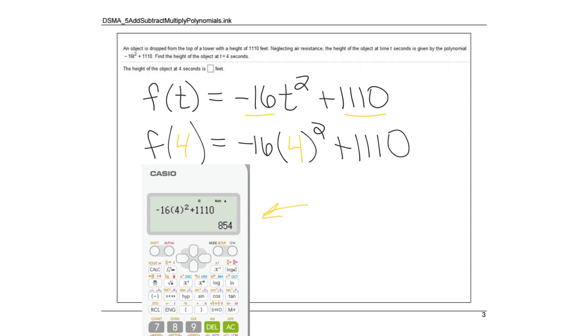And it looks like we get that after 4 seconds, the height of the object is 854 feet. Okay, so just plug and chug. A lot of the problems in college algebra really are that way. It's just figuring out what they want. But the majority of them, we truly are just plugging in a number into a function. So it's just deciphering the word problem.